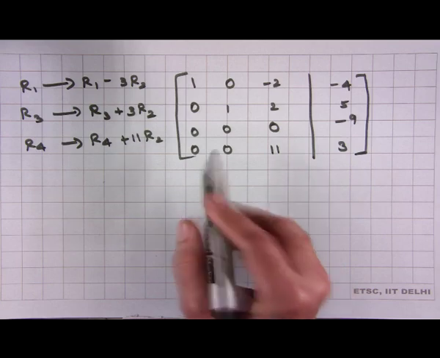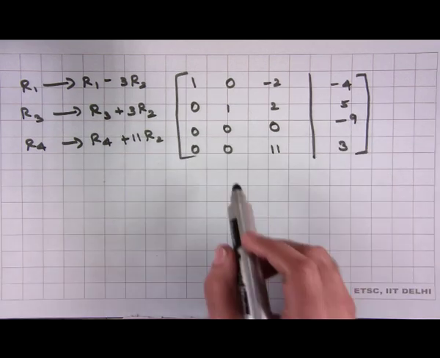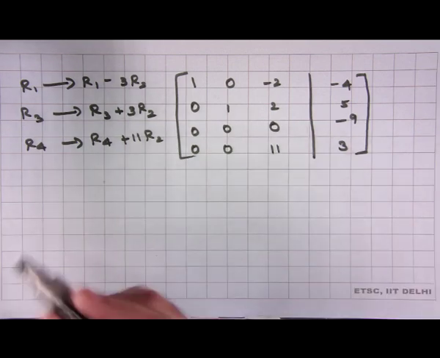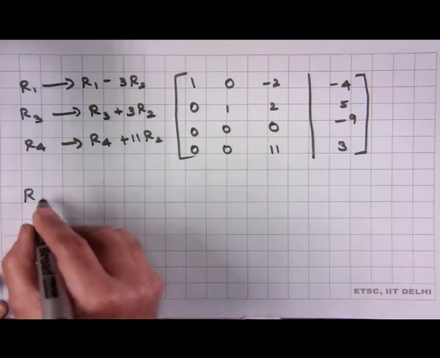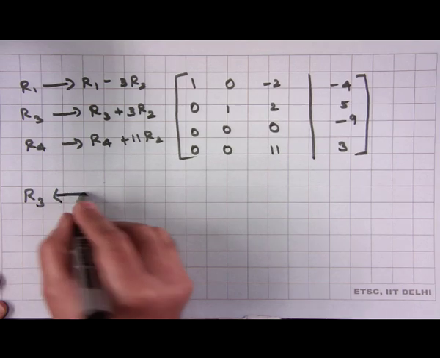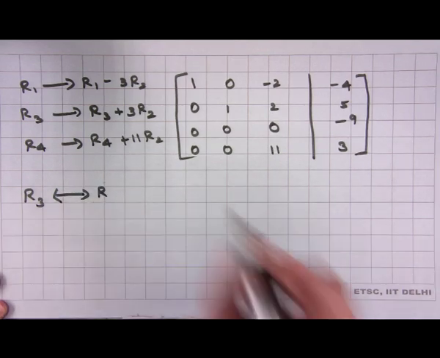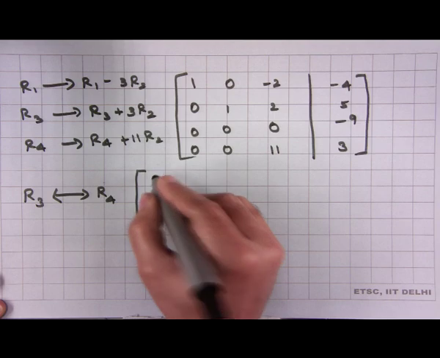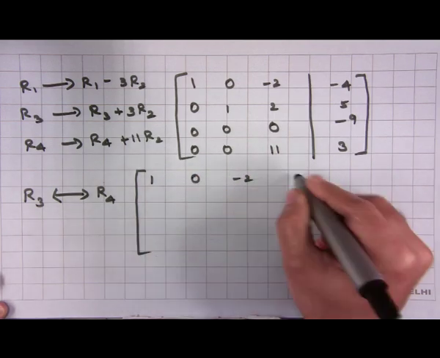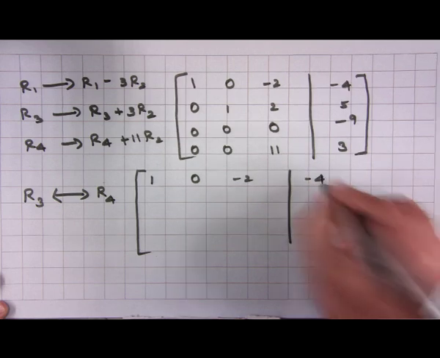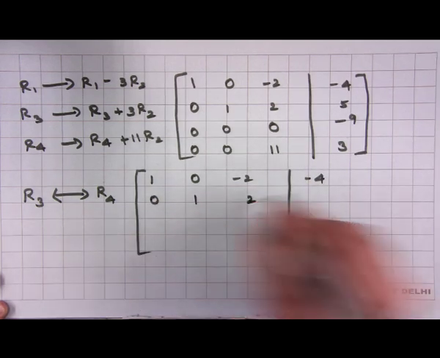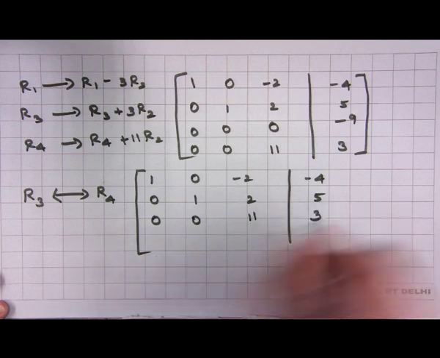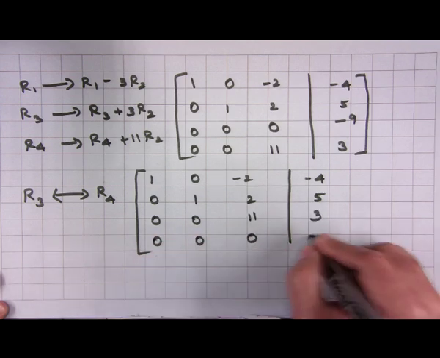I have a 0 row in between, right. So, interchange R 3 with R 4. I have 1 0 minus 2 with minus 4, 0 1 2 5, 0 0 11 3, 0 0 0 minus 9.